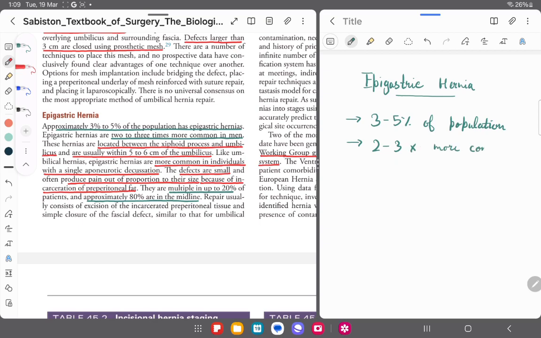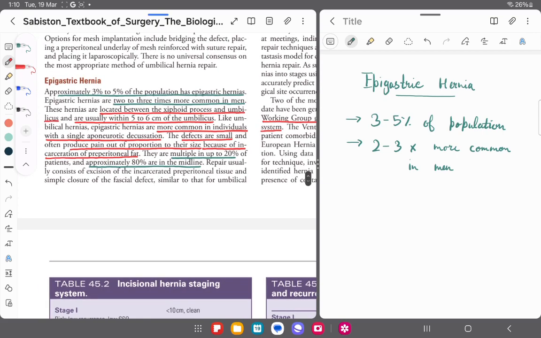These are located between the xiphoid process and umbilicus, which is obvious, and are usually within 5 to 6 cm of the umbilicus.